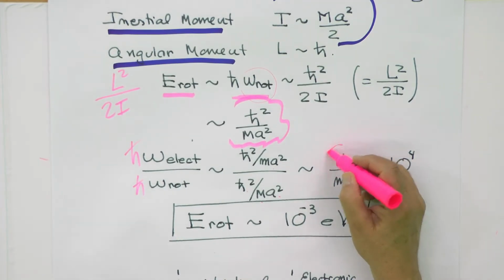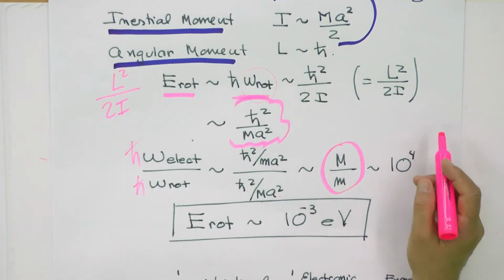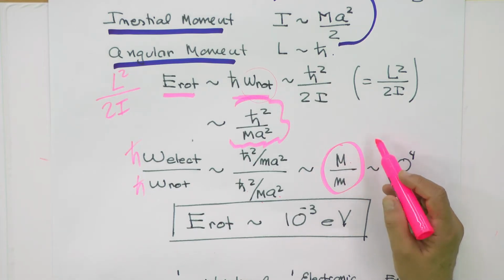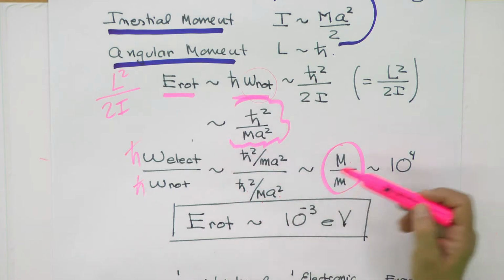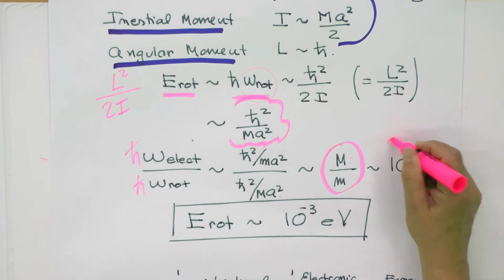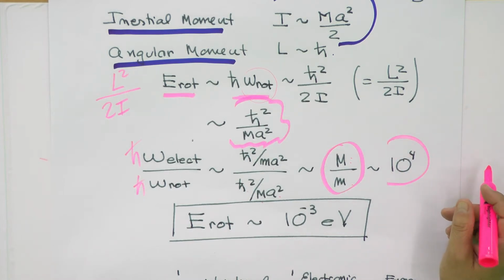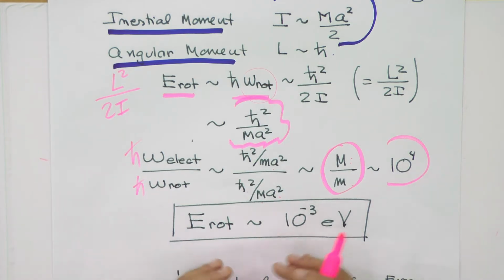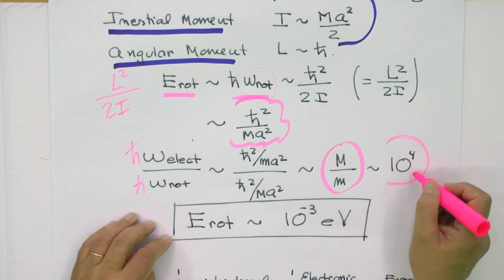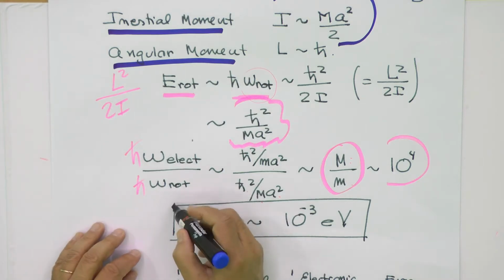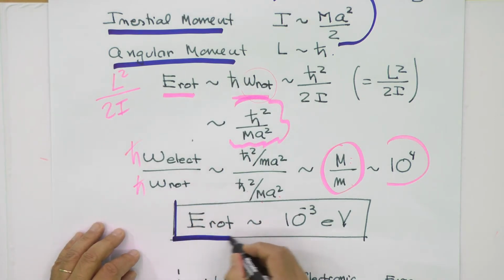Almost everything cancels except the masses. The ratio of the electronic energy to the rotation energy is proportional to the nucleus mass over the electron mass, which is about 10 to the 4. So we already had 10 electron volts for the electrons, for the chemical bond. So now we have 10,000 times less. And this gives us an energy for the rotation which is 1/1000 of an electron volt.